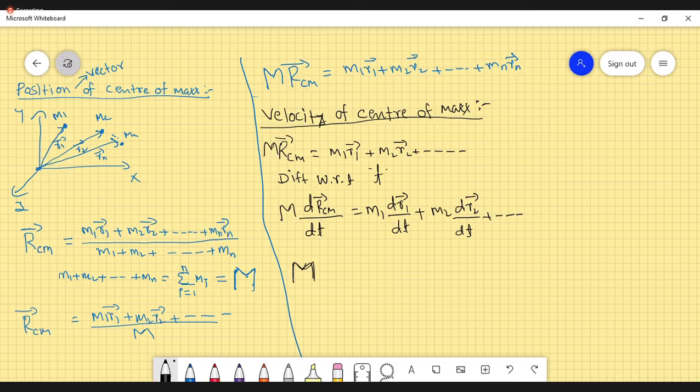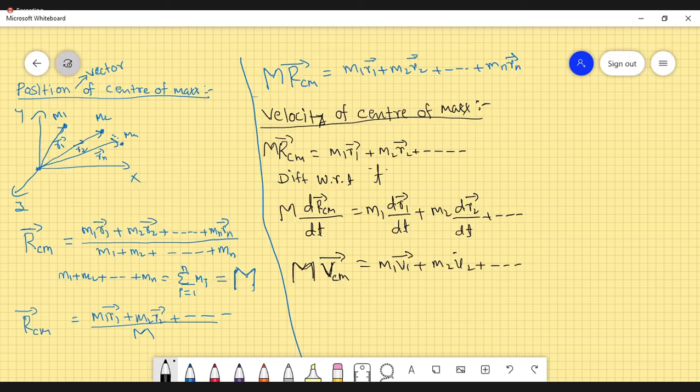Therefore we can write V. It is not just any position vector, it is the position vector of the center of mass, so this will be the velocity vector of the center of mass. M V_CM equals m1 v1 plus m2 v2 plus and so on.